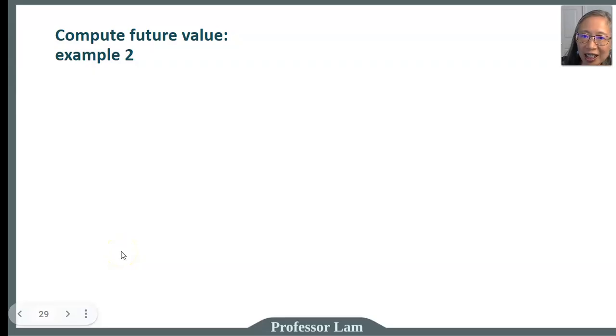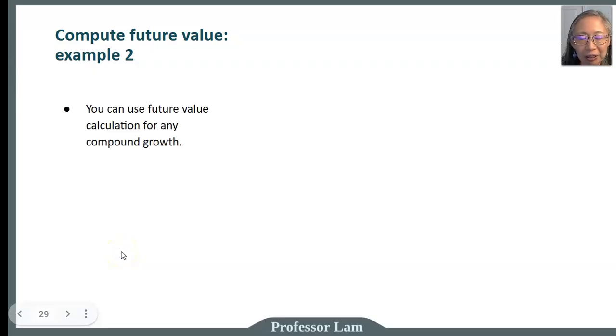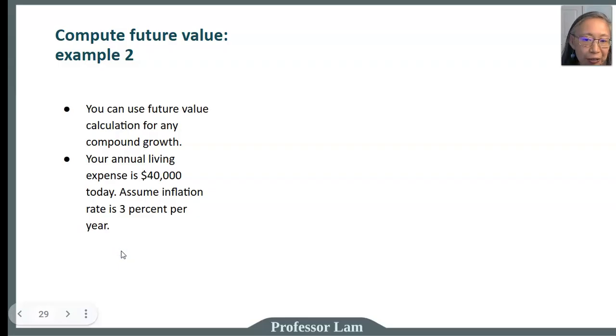Now let's take a look at another example. Future value calculations have a lot of applications. You can use it to compute any compound growth. One such application is inflation. Let's say right now I spend $40,000 per year and inflation is 3% per year.